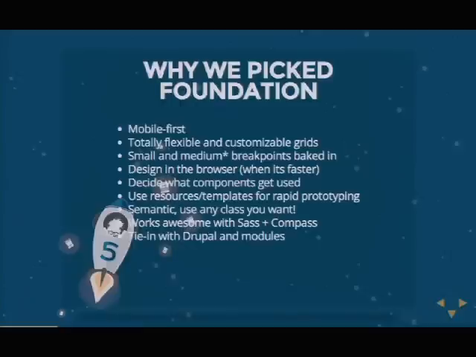You can decide which components get used, so you don't have to load the entire Foundation CSS file. You can pick and choose which components you're actually using and comment out the rest in the main CSS file. It's the resources for rapid prototyping. You can also still use semantic code and leverage Foundation.